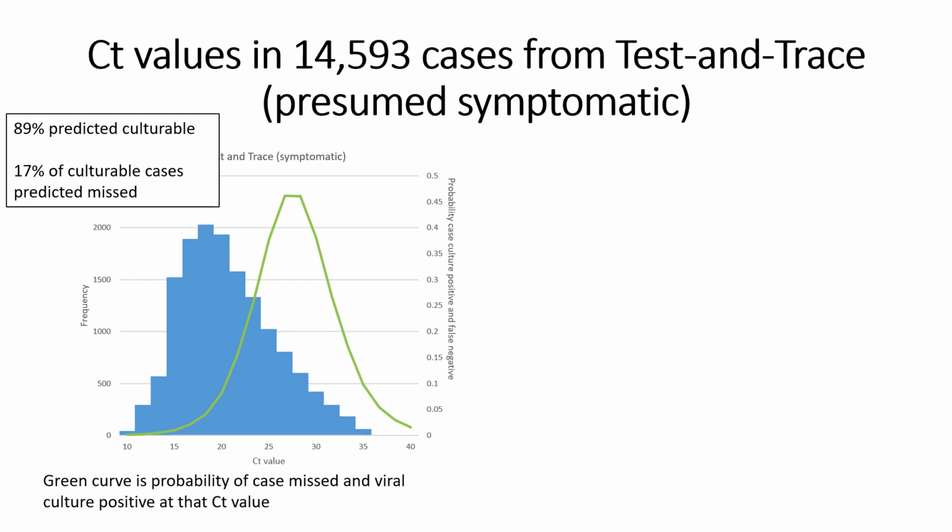If you work it out, 89% are predicted culturable in this data set. That's because they've got low CT values. They are symptomatic people, and of those culturable people, 17% are predicted to be missed using the INNOVA test. So it gives a sensitivity of 83% for picking up people who will be culture positive. So if we wanted a figure related to infectiousness, that's the way we can do that.